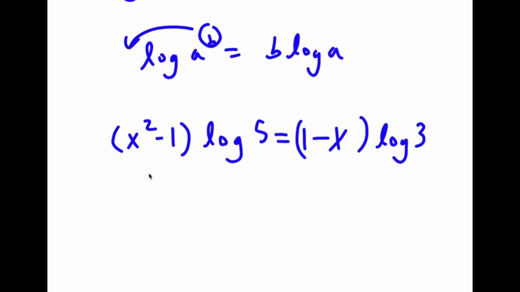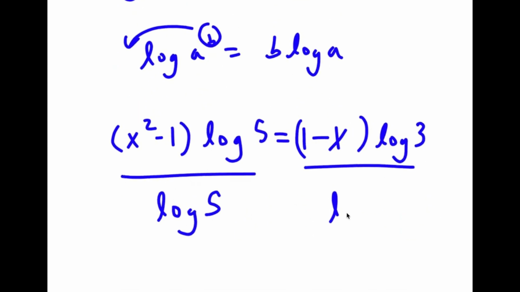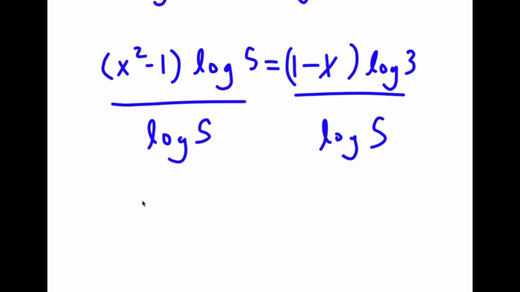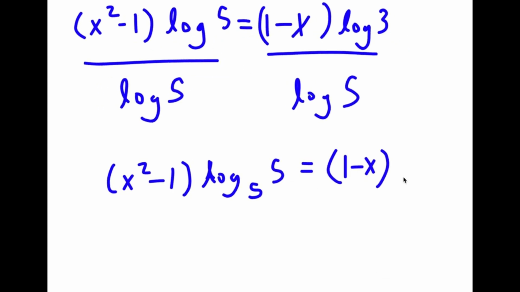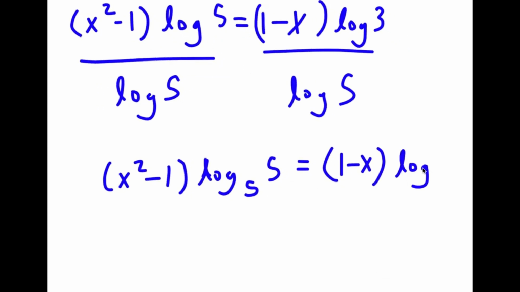Now, if I divide both sides by log 5, I get x squared minus 1 times log base 5 of 5 is equal to 1 minus x times log base 5 of 3.